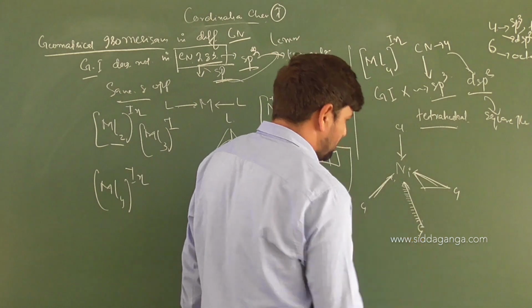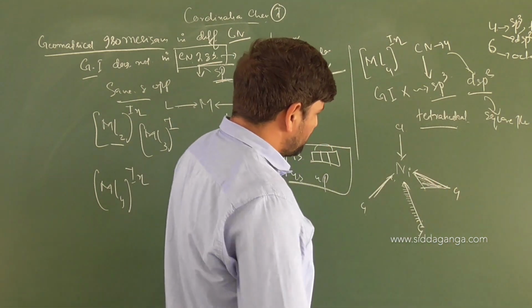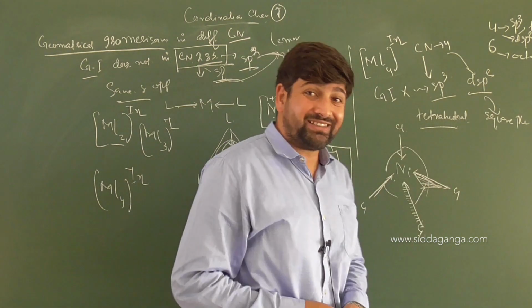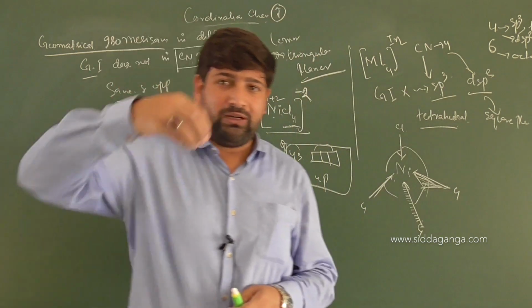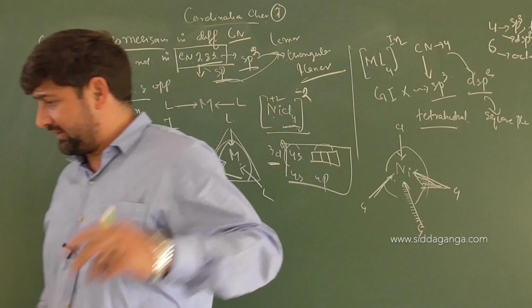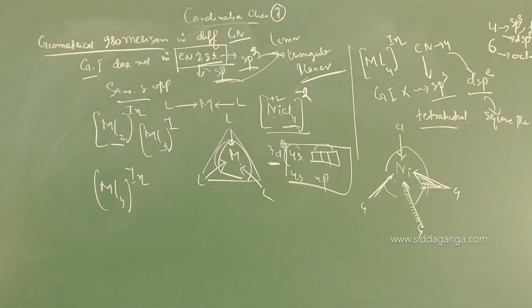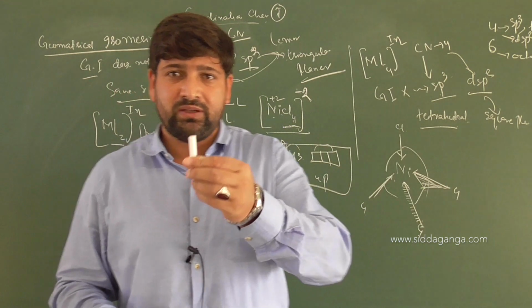Now how exactly is the geometrical arrangement with respect to this? Whichever two bonds you look at, they will be adjacent to each other, children. Now have a look at this. Suppose the geometrical consideration is like this for us, children. Have a look carefully. Just try to understand it.